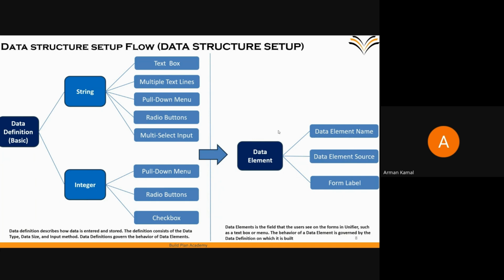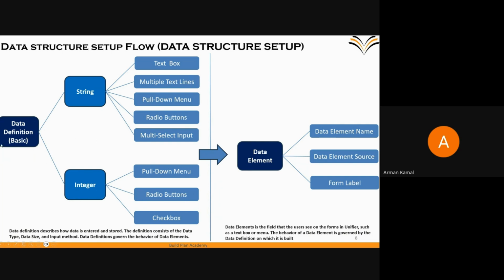What is the two-step process? There is a data definition basic step, and then once it is created, there is a data element creation. So you will feel that it's two-step work. The same name: you have to create a data definition, and another is a data element. Now, what is the difference between data definition and data element?